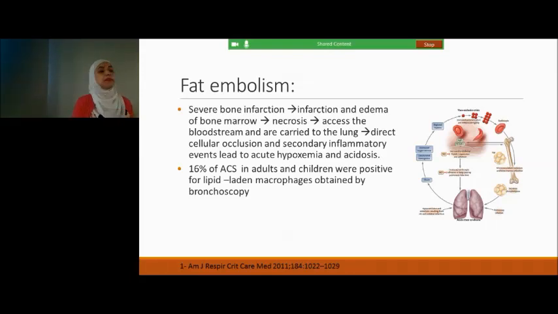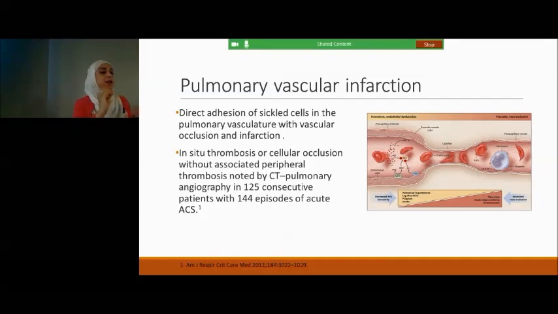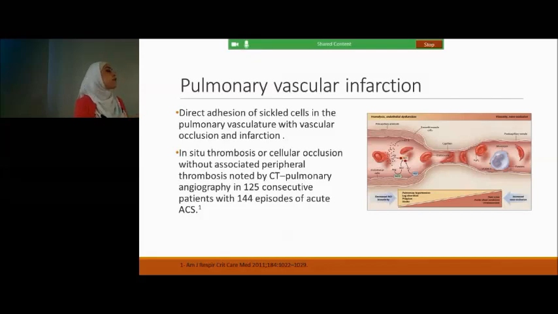Then, as we said, it makes sense that when the distorted blood cells and the fat emboli lodge in the pulmonary vasculature, you can have pulmonary edema. And very nicely outlined in the Blue Journal, as cited below, some authors were able to report on CT angiographies some microthromboses that resulted in acute chest syndrome in the absence of a major big vessel involvement.